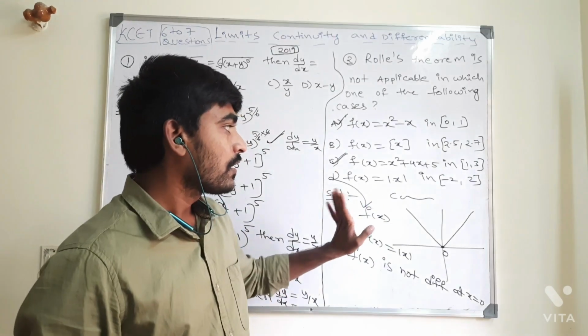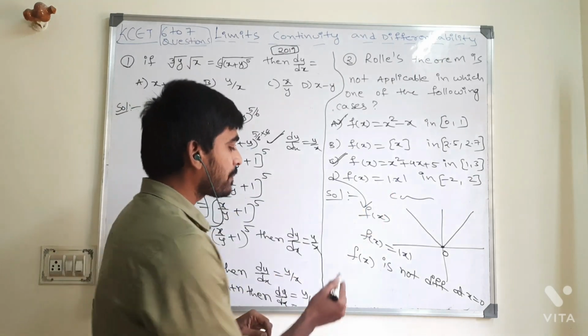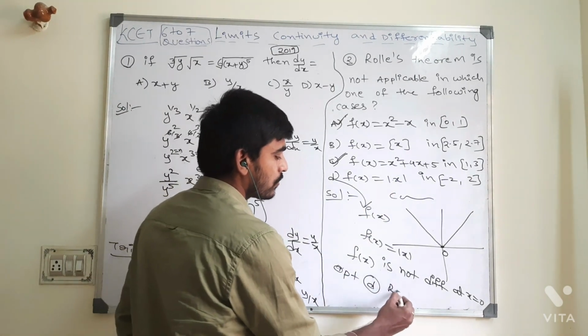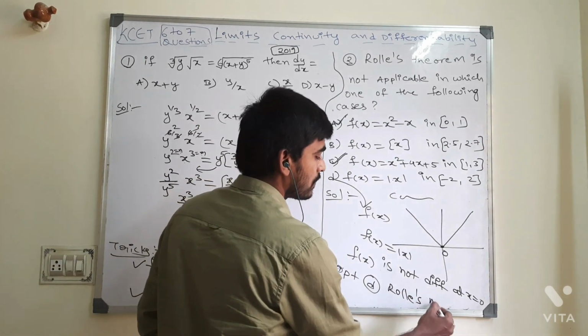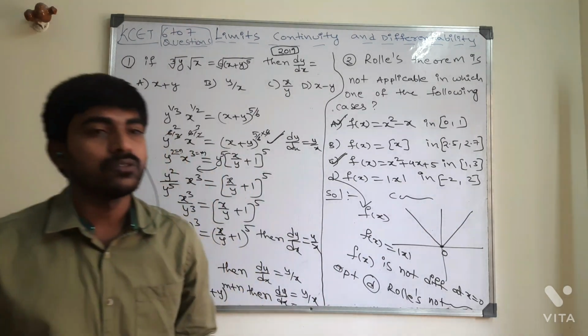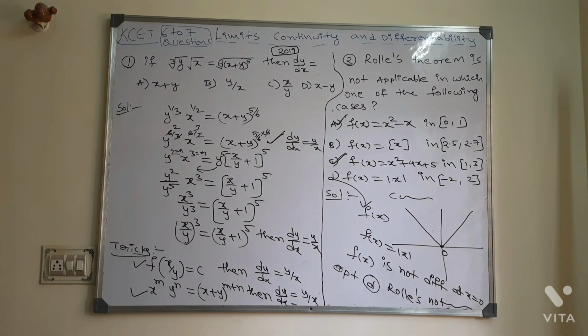Mod x is not differentiable, so it is not applicable. So option D. Rolle's theorem is not applicable. Okay, so my dear students, you should know some basics also, then you can understand it so easily.